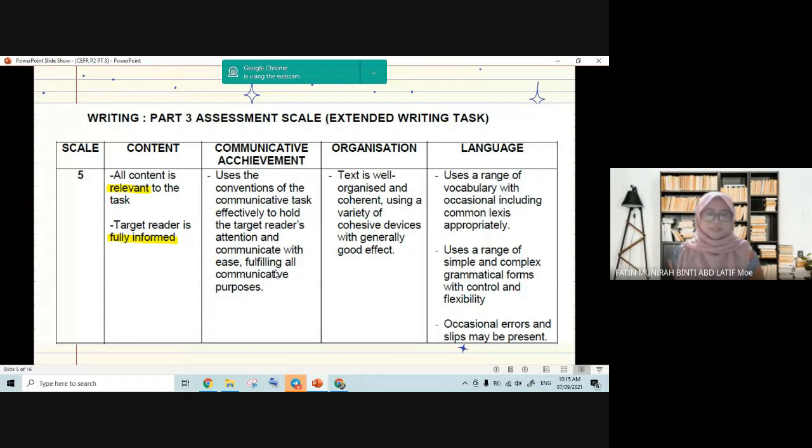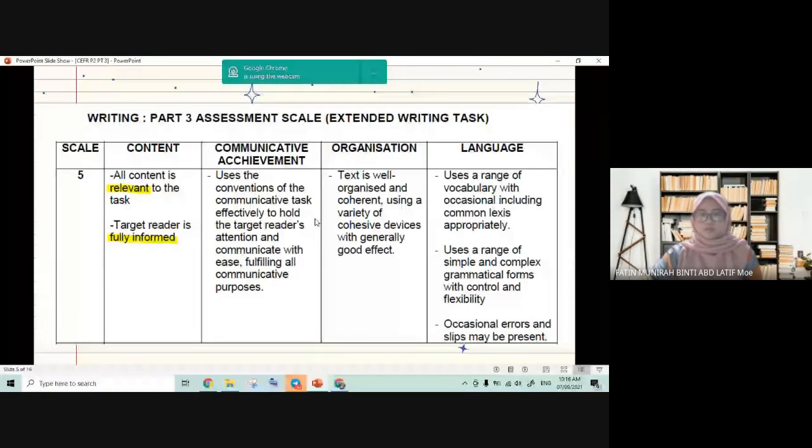So that is what it means by communicative achievement. Jangan risau, because when you practice a lot, you read a lot of sample report, you are able to grasp the style. Bila awak biasakan baca contoh-contoh karangan, awak boleh tengok perbezaan cara ataupun style penulisan dia.